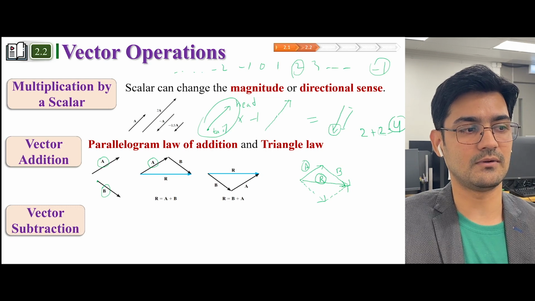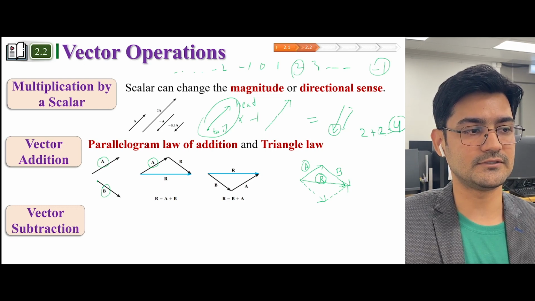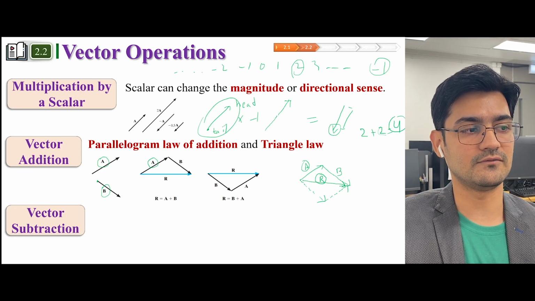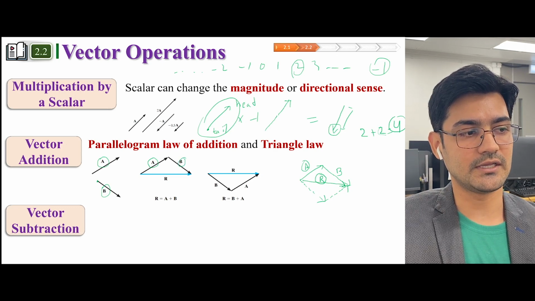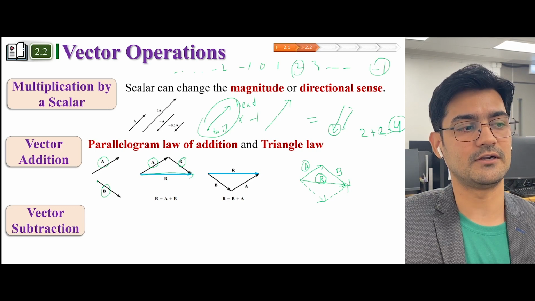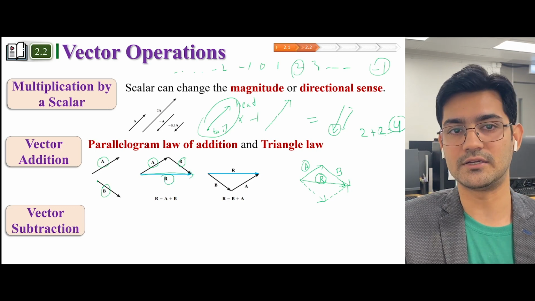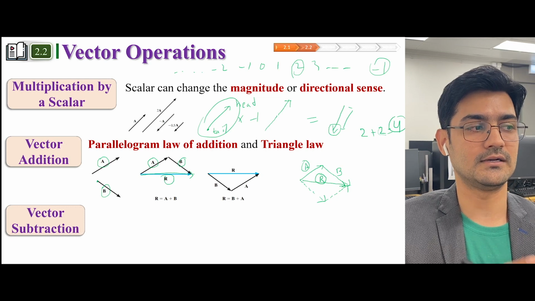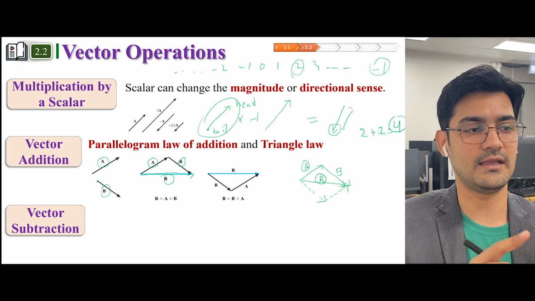Now all you have to do is join the tail of vector A with the head of vector B, and this new vector would be the resultant vector of A and B.